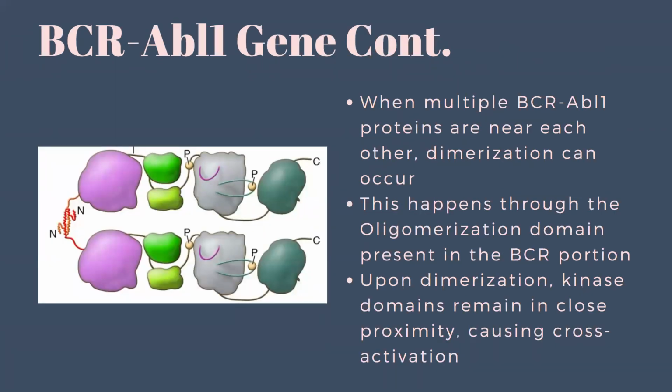Yeah, and so when multiple BCR-Abl1 proteins are near each other, dimerization can occur, and this primarily occurs because the BCR portion has an oligomerization domain, right? It's the BCR part that's able to have that binding with the other fusion gene, and that's what allows for the cross-phosphorylation to occur.